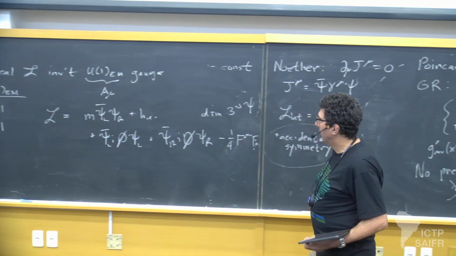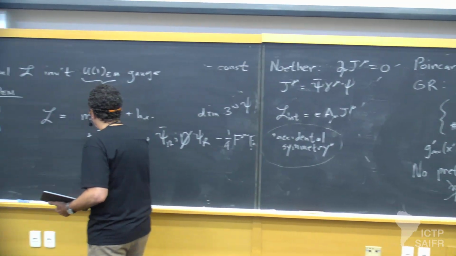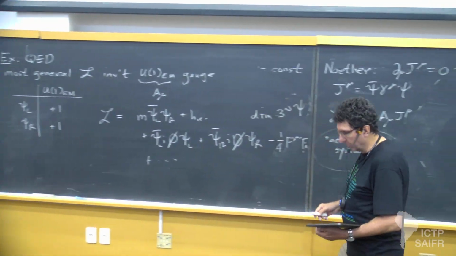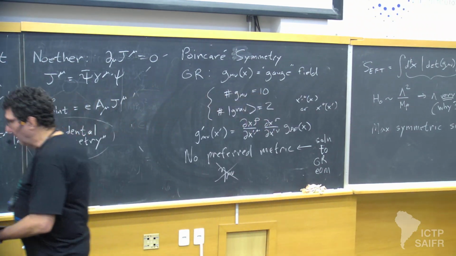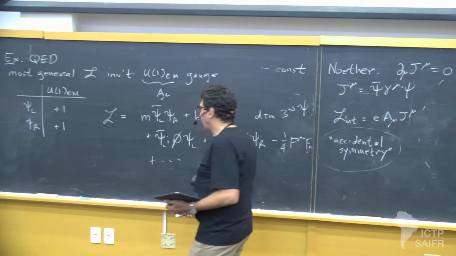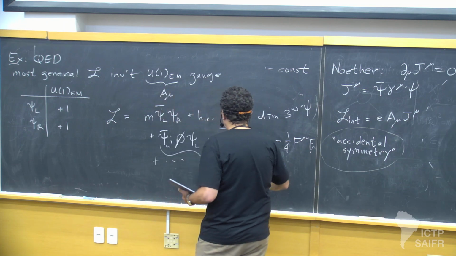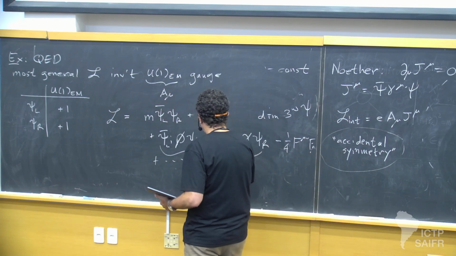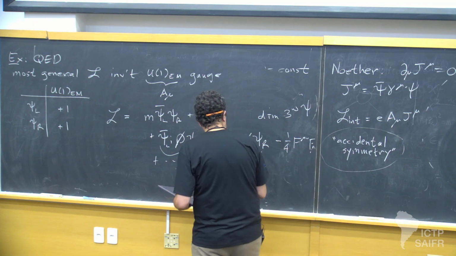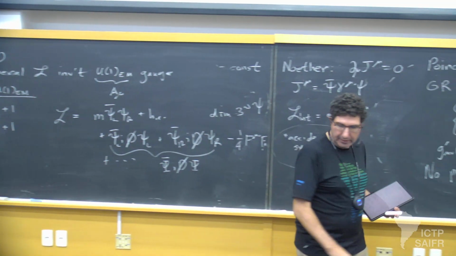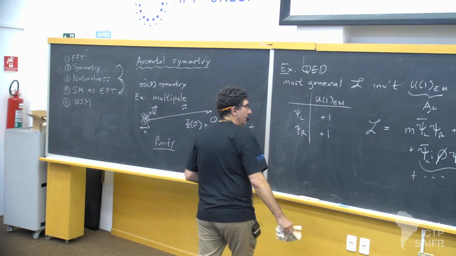Okay, and these are the dimension 4 terms, and then we can keep going if we want to dimension 5. Okay? All right. Okay, so now this is not the way that it's usually written in the textbooks, right? You can, if you want, combine these fermions into a Dirac spinor. So I'm going to call that by capital psi. And I know that capital psi looks a lot like little psi, but that's not a problem.